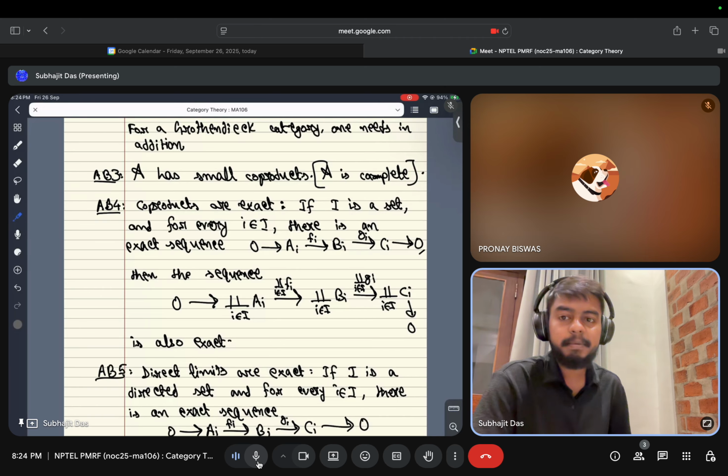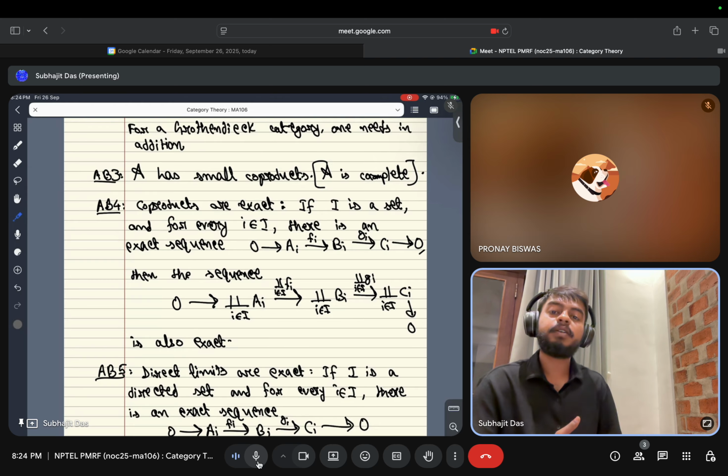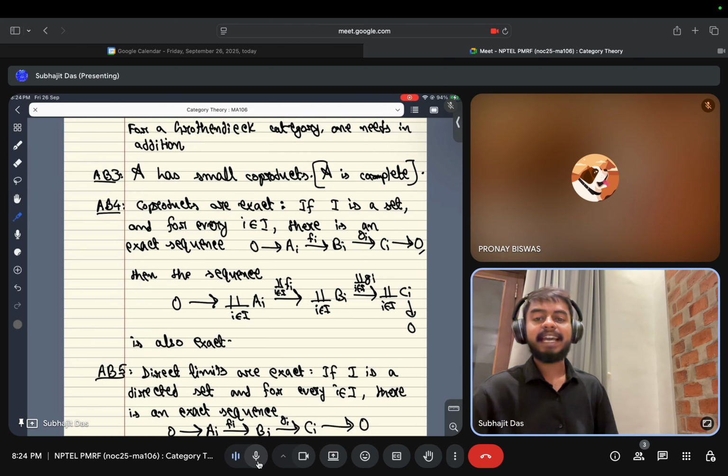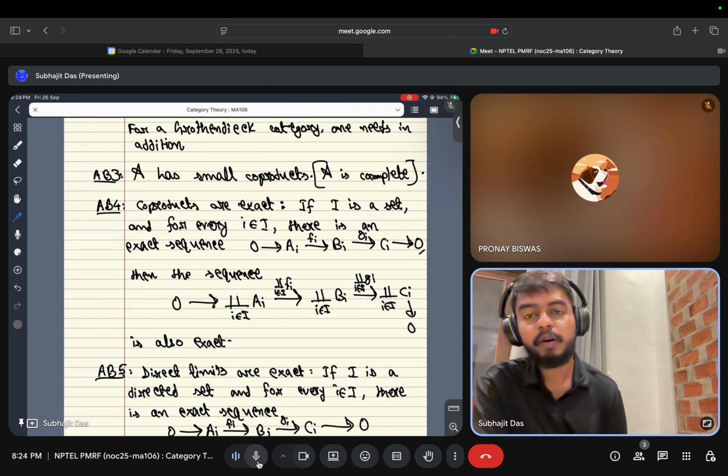We didn't assume AB4, because now that we know coproducts can be written as direct limits, coproducts are also exact, since direct limits are exact. So AB5 implies AB4, which is pretty strong.